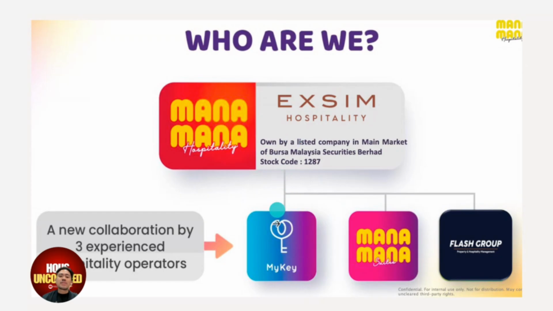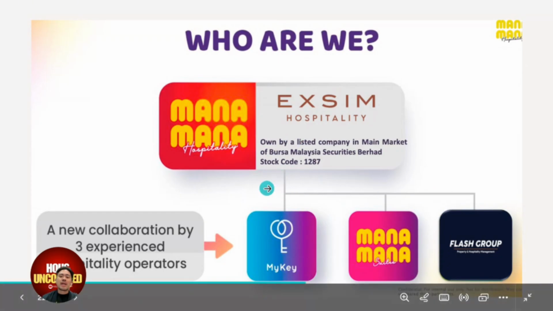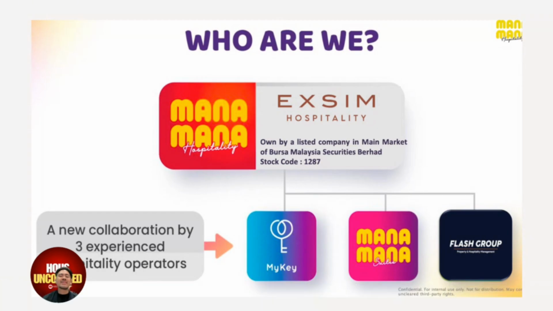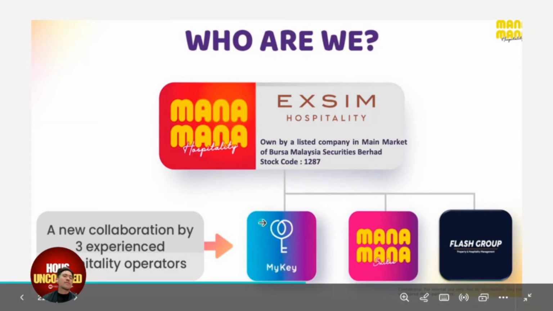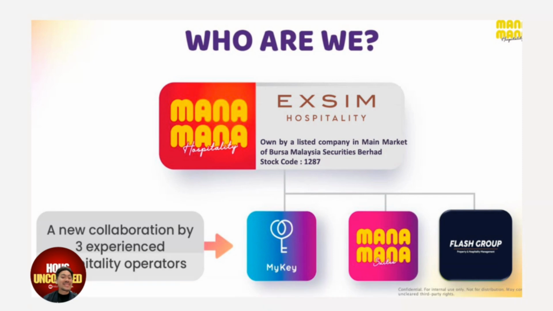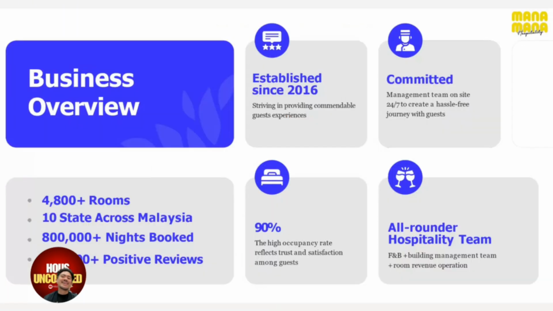And then under their arms, they have three brands. And how do you see this? It's like Toyota, you have Lexus, sort of, that kind of idea, where you have different brands. So I believe each brand carries its own type of personality or type of services, right? So which one is the best is for you to find out, right?